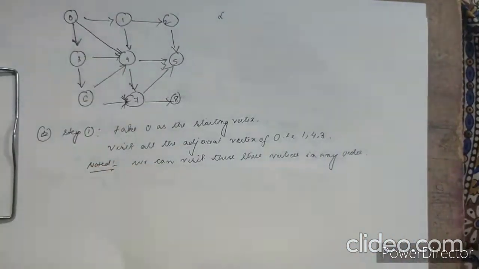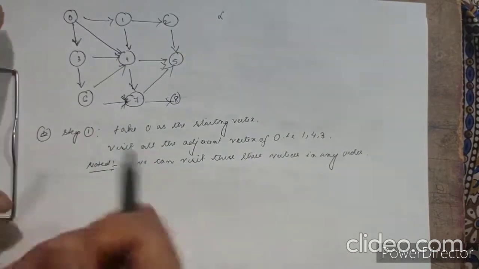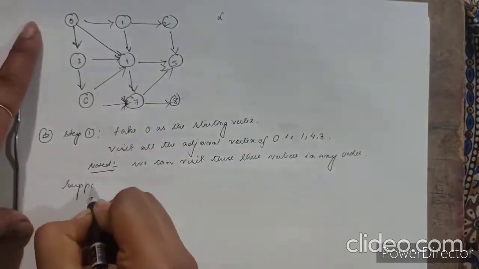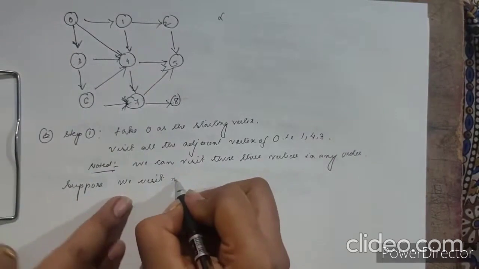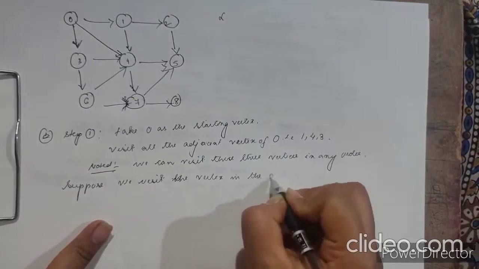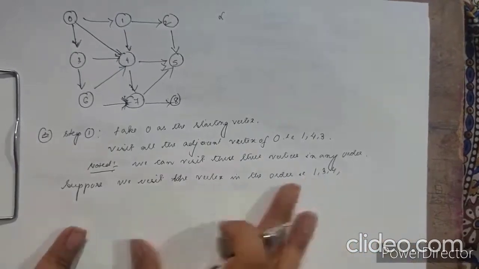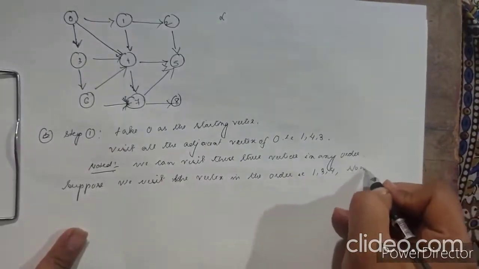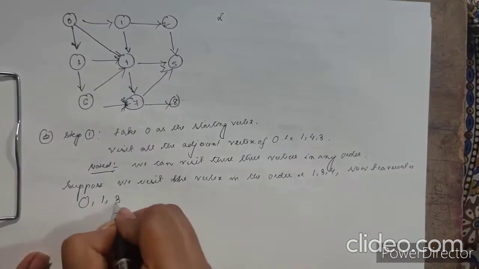Suppose we visit the vertices in the order 1, 3, 4. Now the traversal is 0, 1, 3, and 4.